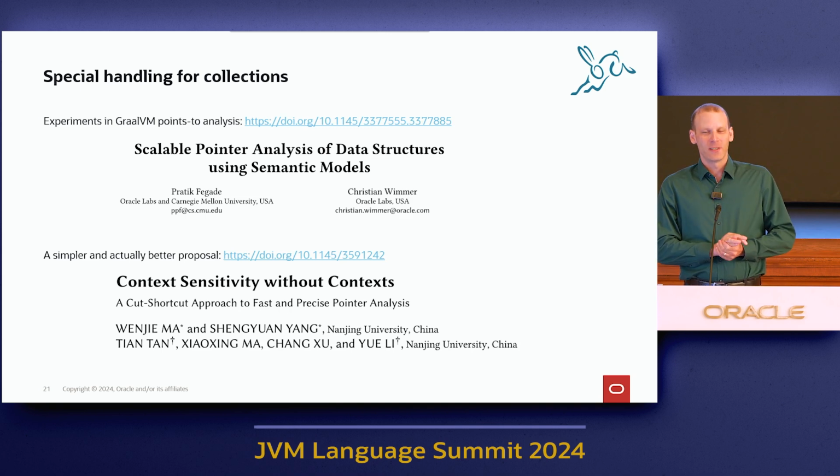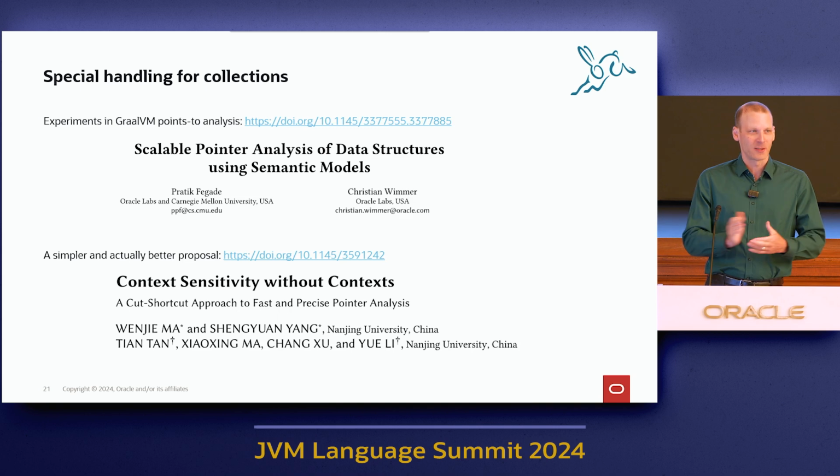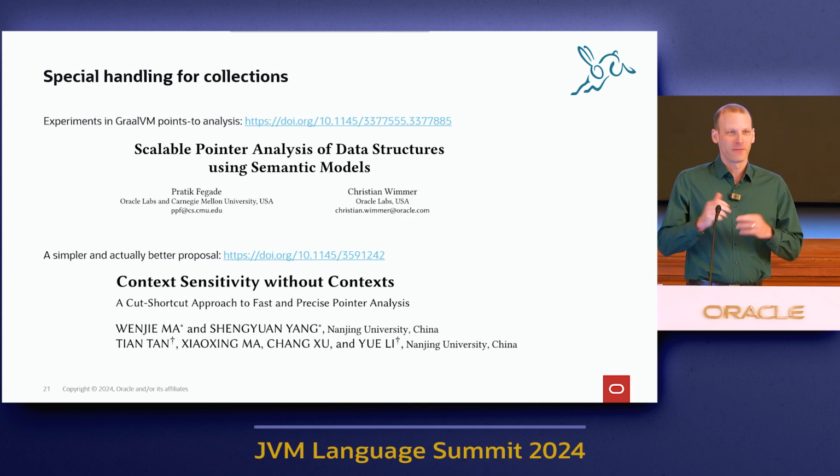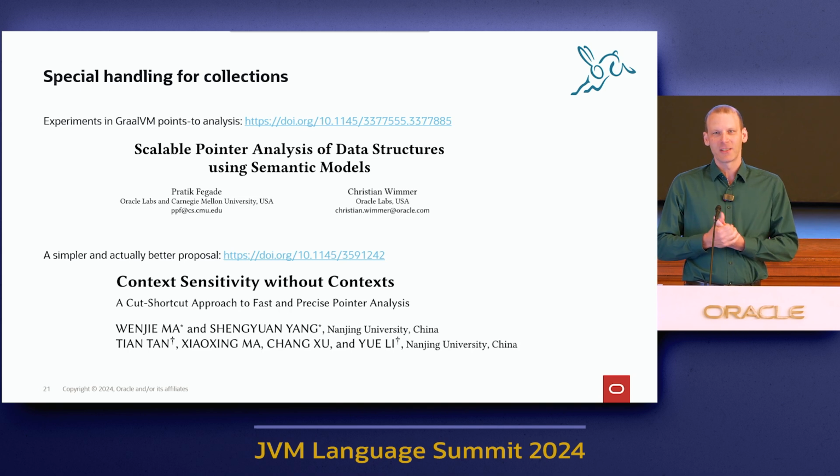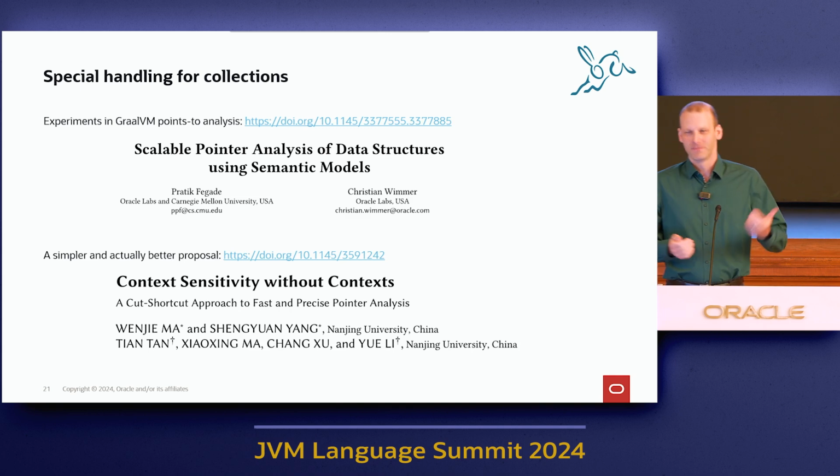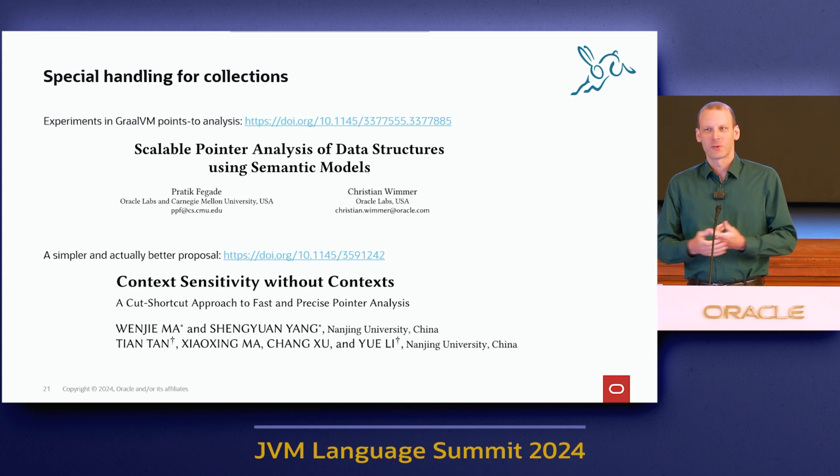Instead of saying that my get method can have all the values that come out of the HashMap.get method, which reads from the node array, it inserts shortcut edges from the put methods to the get methods. It's that easy. The get method can only return what you put in. And as long as you trust your HashMap implementation, you get a more precise analysis.